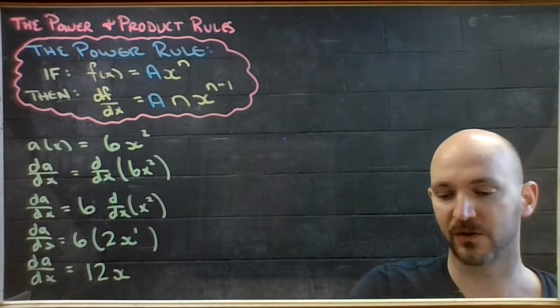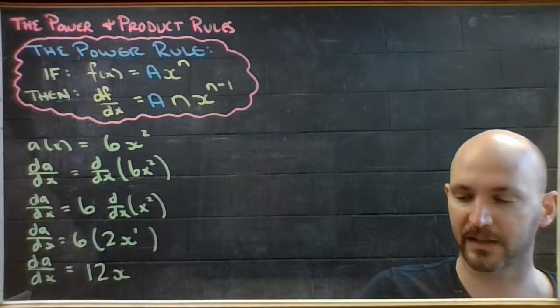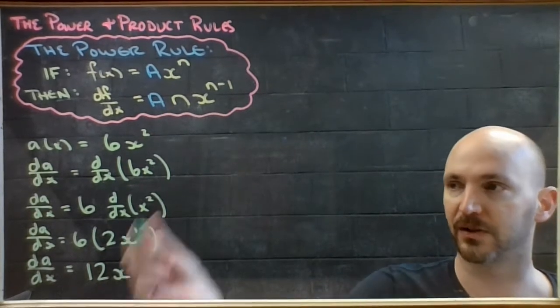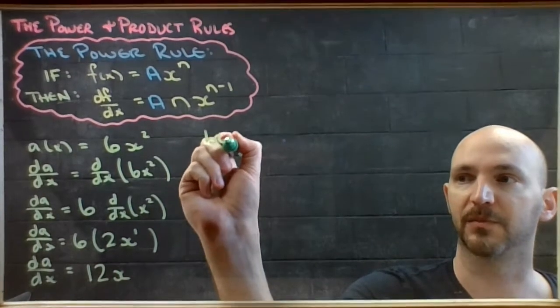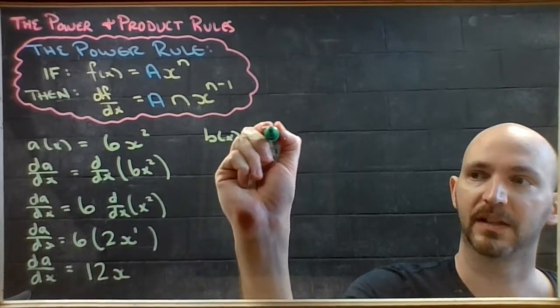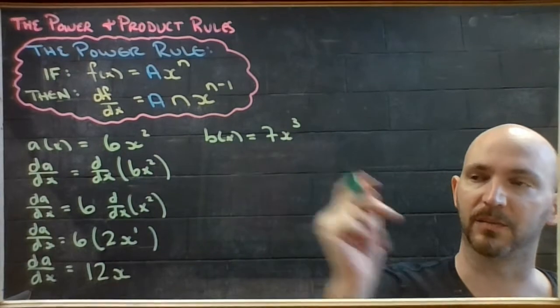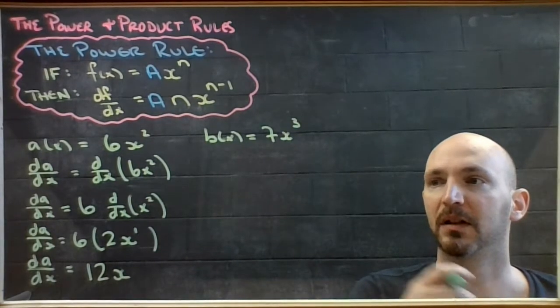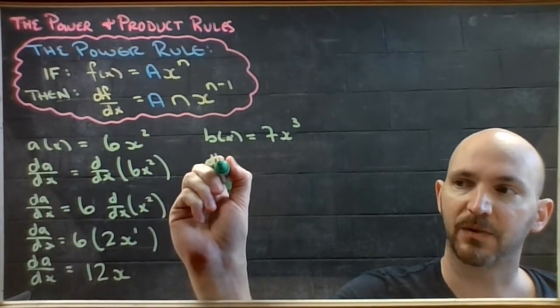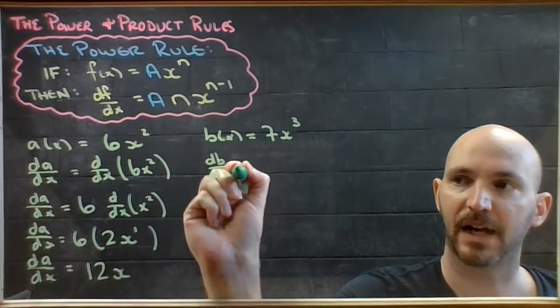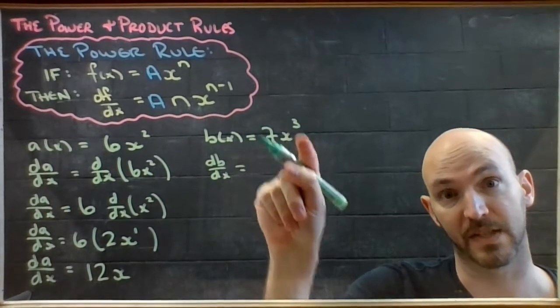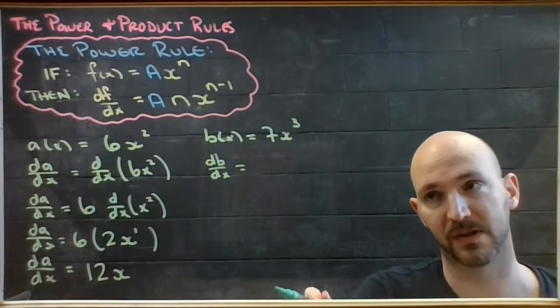Okay, so just to get through these and show how quick this operation goes, take a new function, b of x equals 7x cubed. If I go to take the derivative of that, I can see that this is an x to some exponent, so the power rule is going to apply.